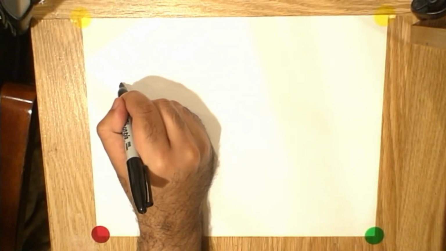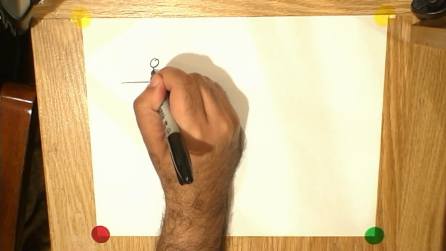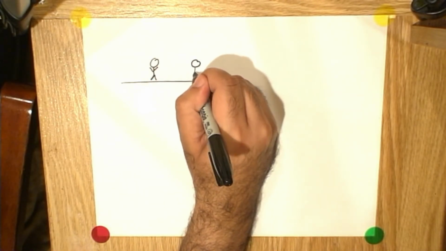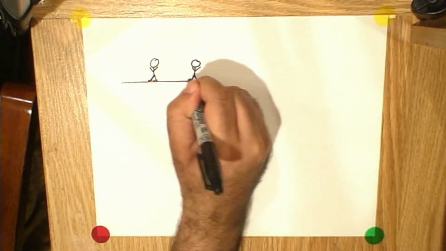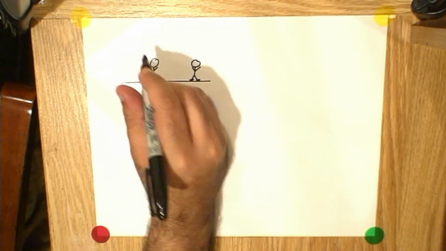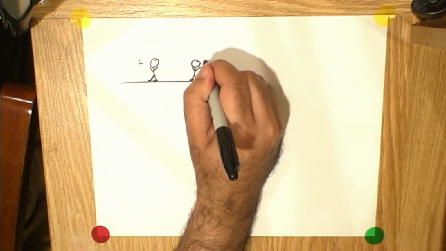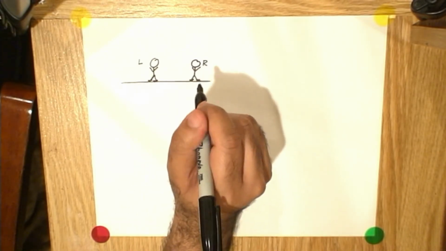In this question, we have a skater and a second skater. We will distinguish them by calling them the skater on the left and the skater on the right. Initially, these two skaters are both in motion.